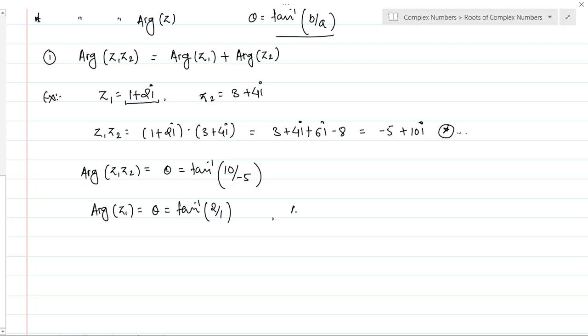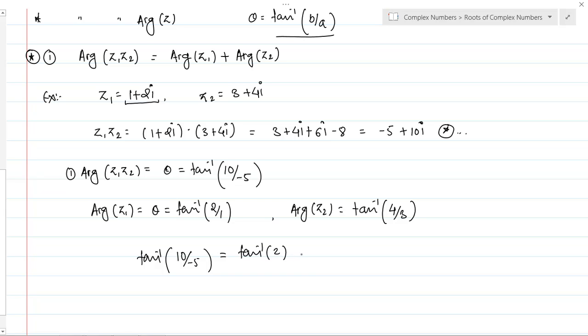Okay, and the argument of z2 is what? It is tan inverse of 4 by 3. Okay, now using this property, what this property says is the argument of z1 z2, that is tan inverse of 10 by minus 5, or you can write tan inverse of minus 2, is equal to tan inverse of 2 plus tan inverse of 4 by 3.